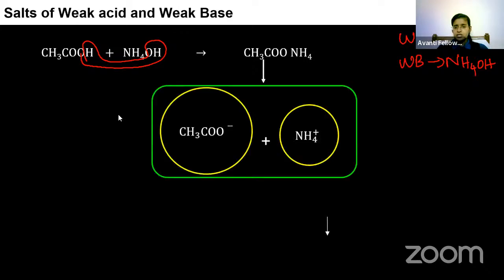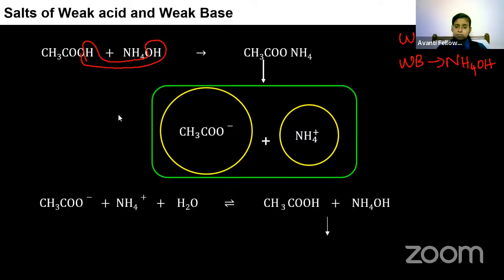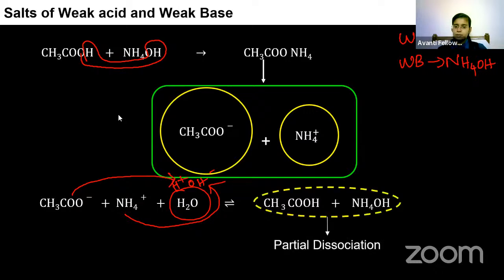And if these two ions are treated with water, which has H plus and also OH minus, acetate ion will take this H plus and the NH4 will take OH minus. So they will form this product, and these two will undergo partial dissociation because both of them are weak. Got it? So this is all about the salts of the 4 combinations of acids and bases.